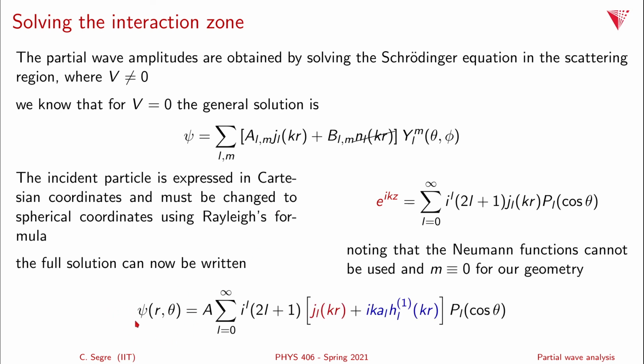Psi of r, theta is equal to A times the sum from L equals 0 to infinity of i to the L times 2L plus 1 times the quantity j sub L of Kr plus ik A sub L, h sub L of Kr, P sub L of cosine theta. And that solution is the one we're going to take forward and calculate the partial wave amplitudes the next time. But for the moment, we'll leave it here.